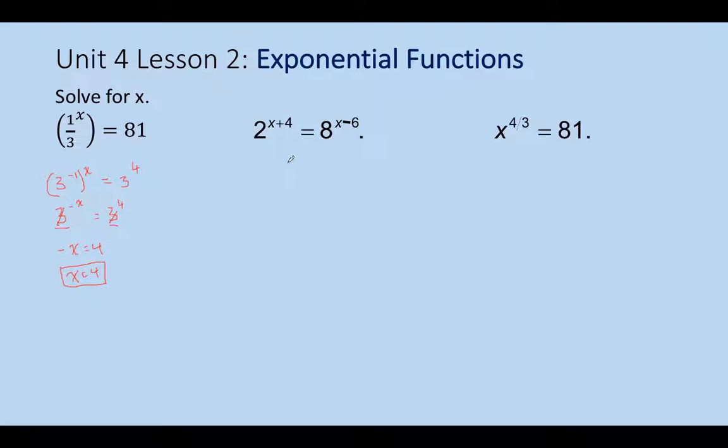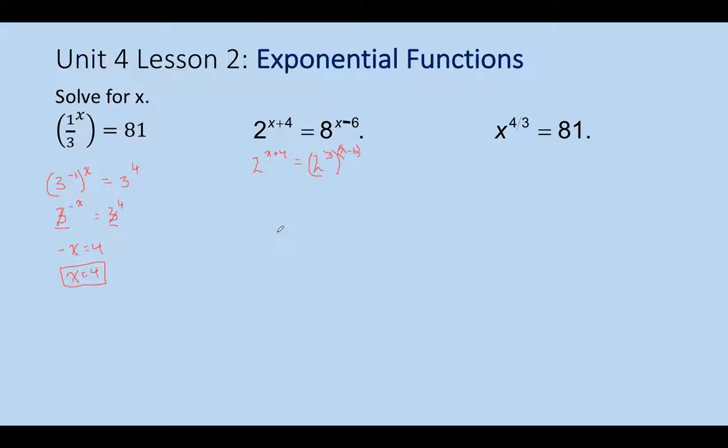All right, this one over here, I'm going to do the same trick, but it's a little bit more advanced version. I've got 2 to the x plus 4, and then over here, this could be like 2 to the 3rd to the x minus 6th.